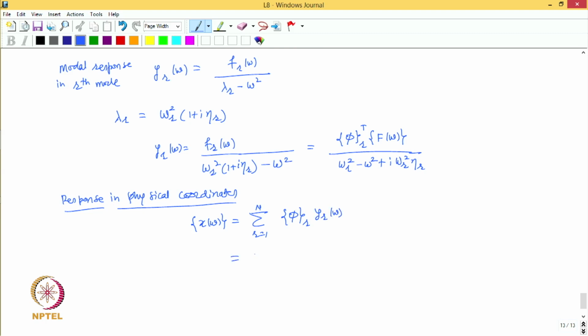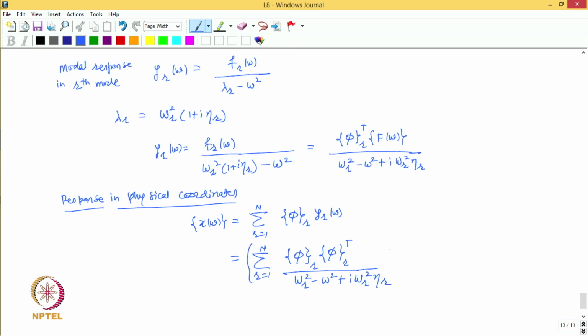So, if we substitute this here, what we get is phi r transpose divided by omega r square minus omega square plus I omega r square eta r, with r varying from 1 to n.